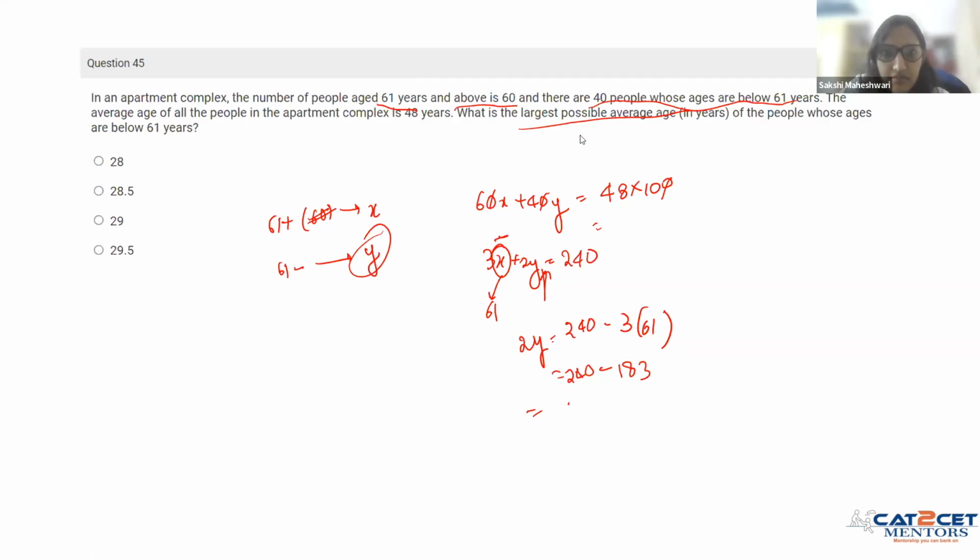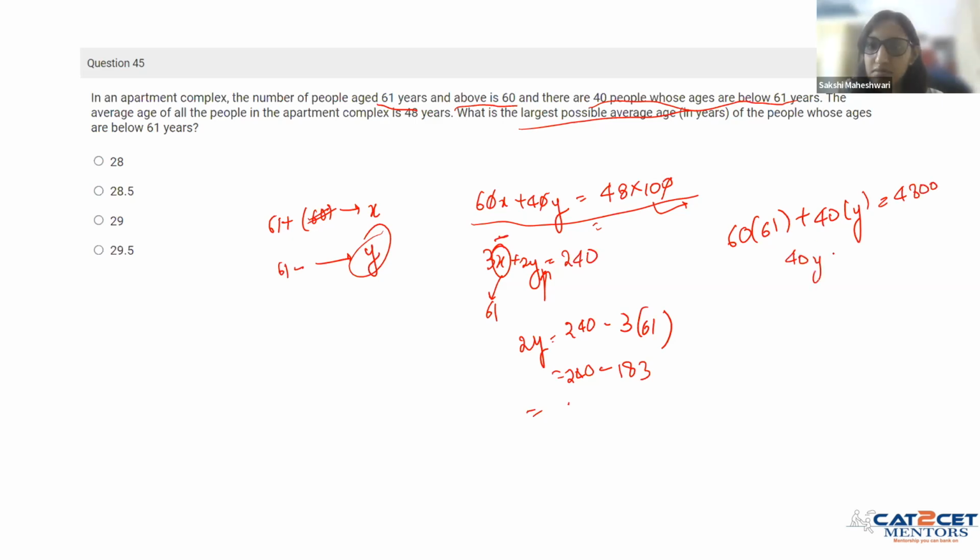Let's just solve the exact equation. We should not cut. We'll have to put this value here. This is the age, so 60 into 61 plus 40 into y. This will be 4800.